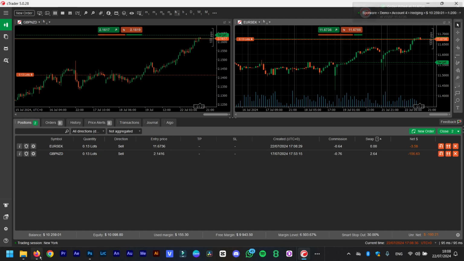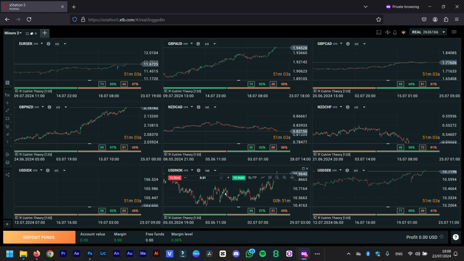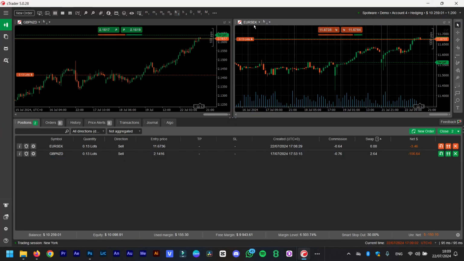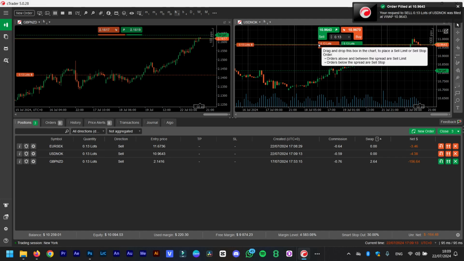Then I'm going to do another trade somewhere else. I'm trying to avoid CHF now. Yeah, USD NOK. I'm going to try and sell USD NOK here. So as you can see, same thing, 0.13.